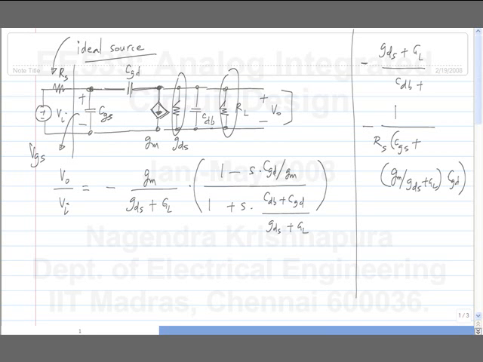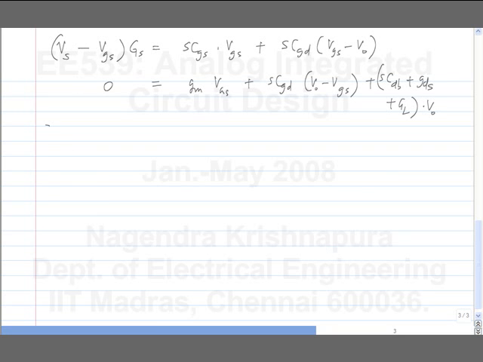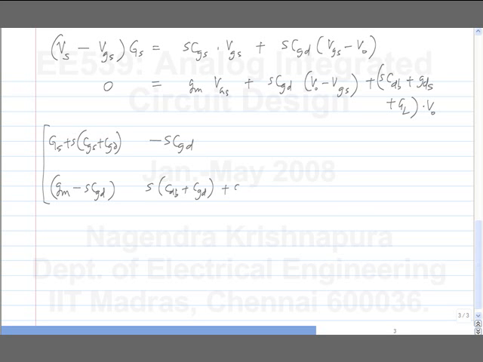There are two nodes, one is this and the other one is this one. So, we get this set of equations.